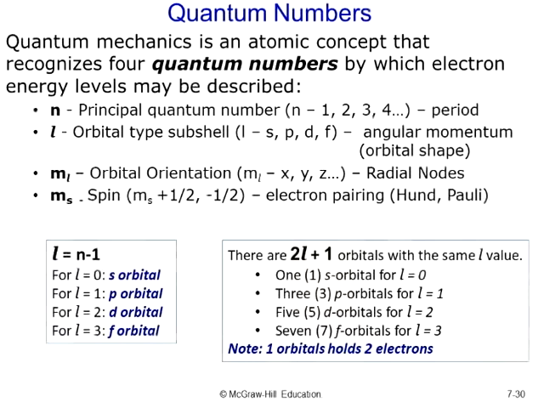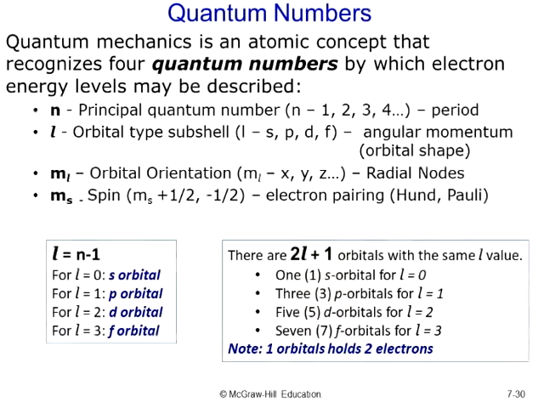So when we talk about L is equal to n minus 1, when L equals 0, we have an s orbital. That means n equals 1, so we have only s orbital. When we have n equals 2, then we have L equals 1, which is a p orbital. When we have n equals 3, then we have L equals 2, which is a d orbital.